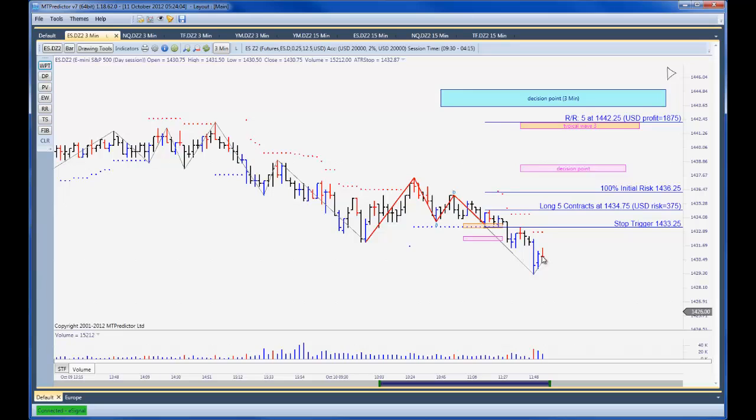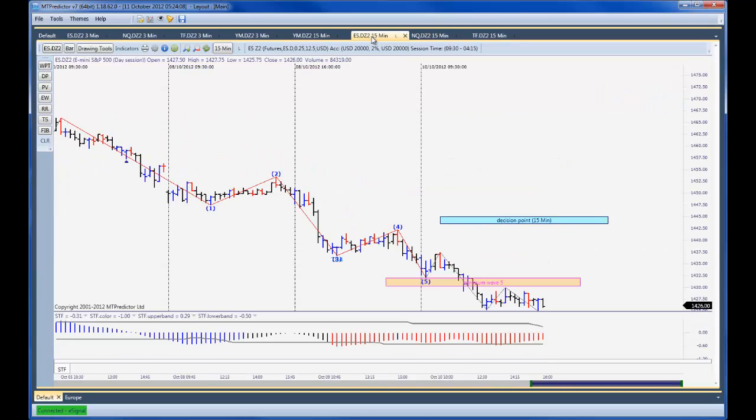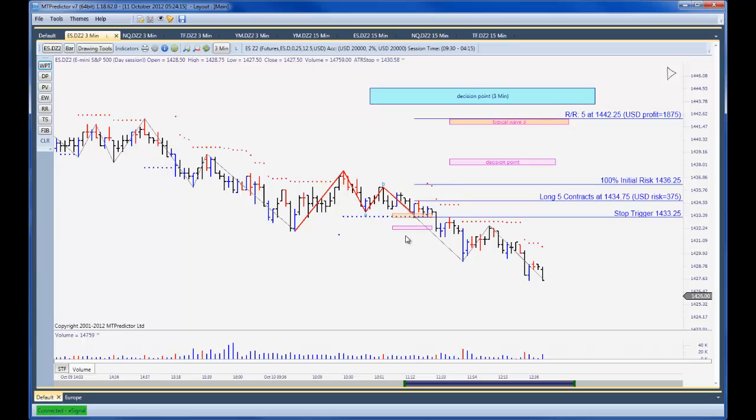And in fact, the ES carried on down, down, down, and as we can see from the 15-minute chart, it just carried on making new lows. So the question we have to ask ourselves is, were we wrong in doing this analysis because it didn't unfold as anticipated? Well, not at all. Trading is all about probabilities.